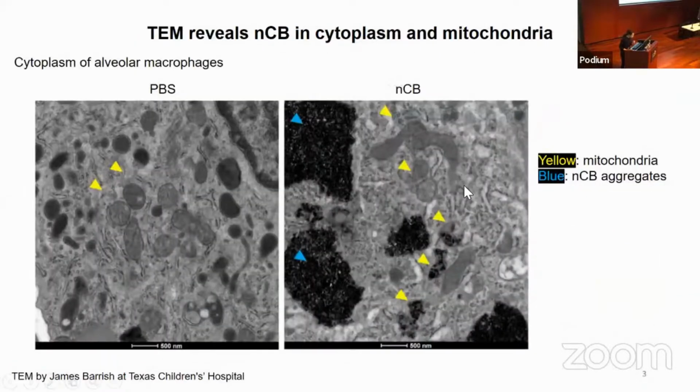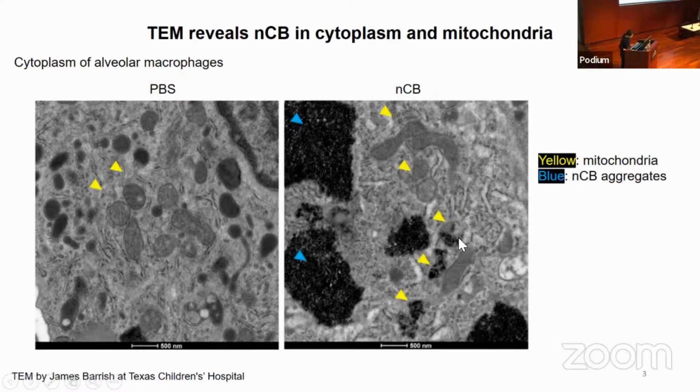If you look closer into the cytoplasm of alveolar macrophages, this is PBS and this is carbon black. You see chunks of carbon black aggregates inside the cytoplasm, and some of the particles can actually get into the mitochondria and cause structural damage.